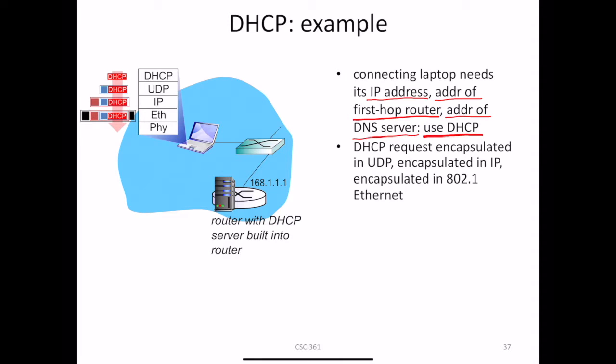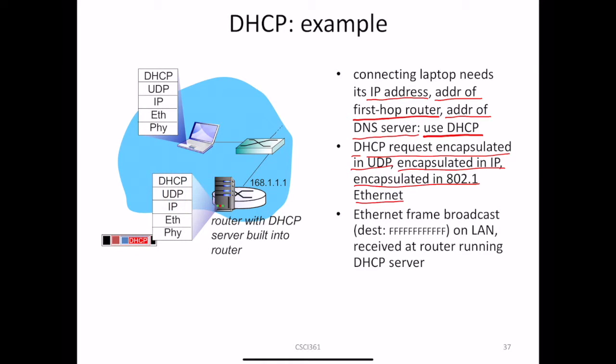Then this laptop will prepare a DHCP request, which will be encapsulated in a UDP segment, and then combined with the IP header to get an IP datagram, and finally combined with the link layer header to get a frame, then ready to send it out.